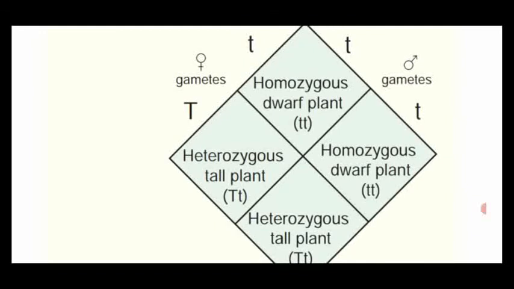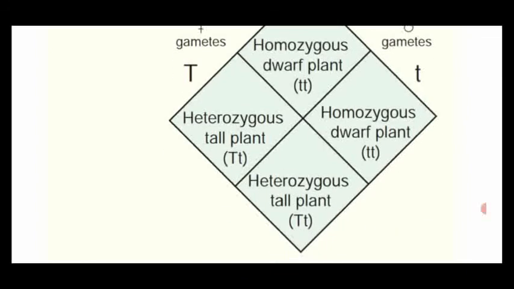That is the top plant here. So when we cross both, we get 2 homozygous dwarf plants and 2 heterozygous tall plants. So at the end of the test cross, we get both homozygous and heterozygous tall plants.